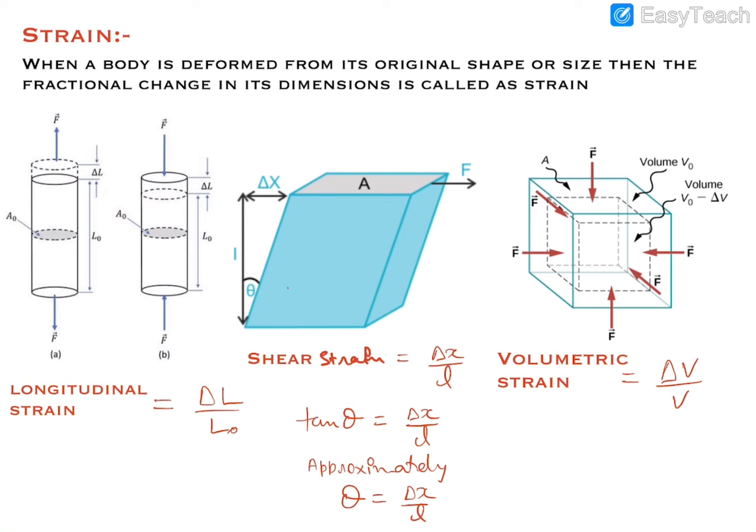And when the body is deformed like that, then the shear strain is this angle, tan theta, which is delta x by L. And when the volume of the body is deformed, then the volumetric strain is delta V by V.